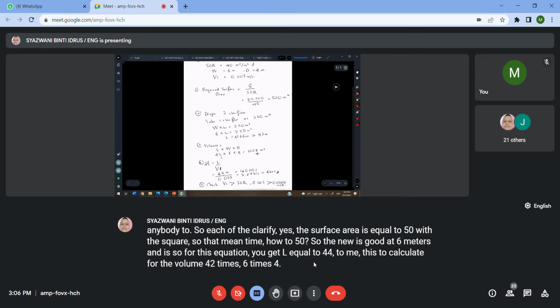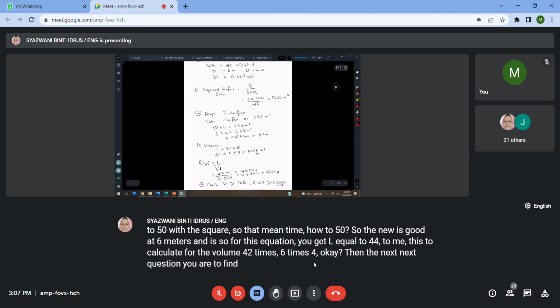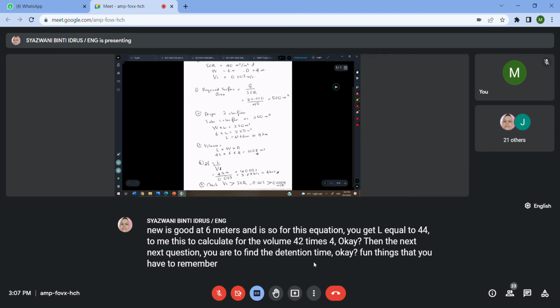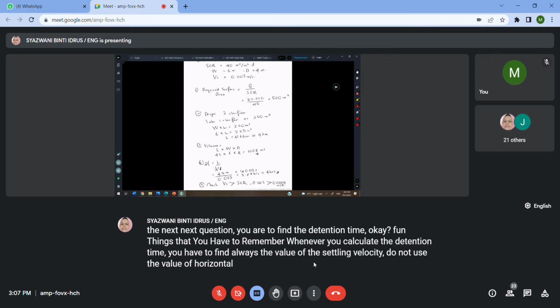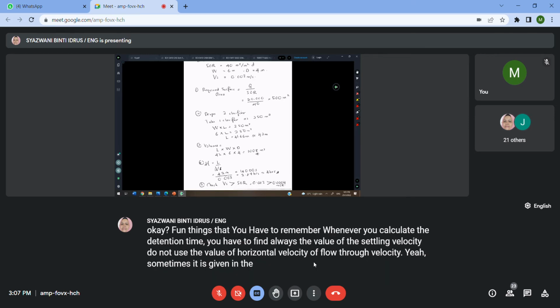Then the next question, you are to find the detention time. One thing you have to remember: whenever you calculate the detention time, you always use the value of the settling velocity. Do not use the horizontal velocity or flow-through velocity. Sometimes it is given in the question just to trick you.